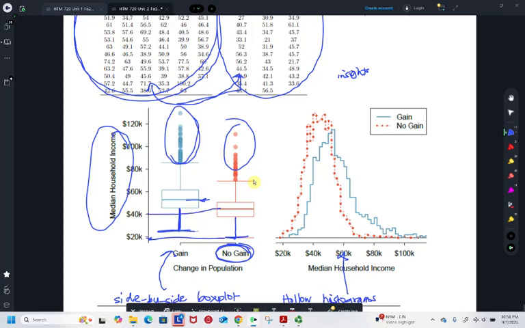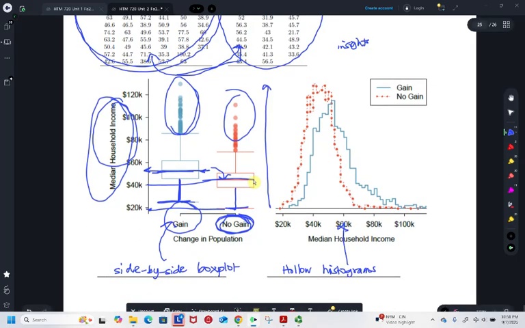So we can tell that the median household income in counties which gained population is definitely higher than in counties that did not see any gain. The orientation here is from bottom up. The higher up the median is, the higher the median household income.